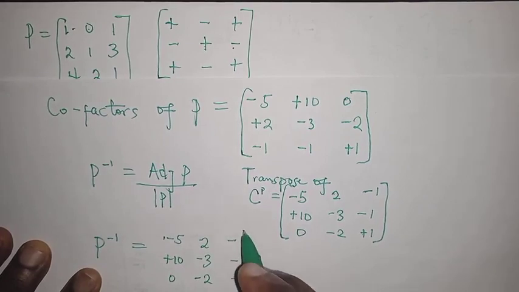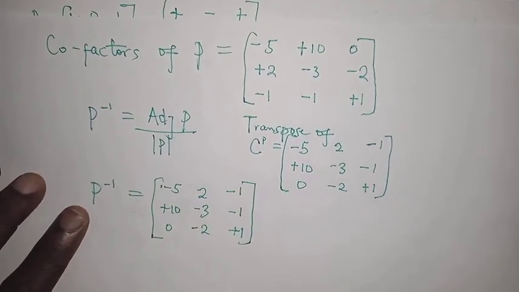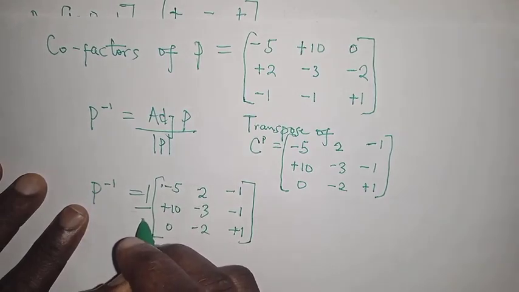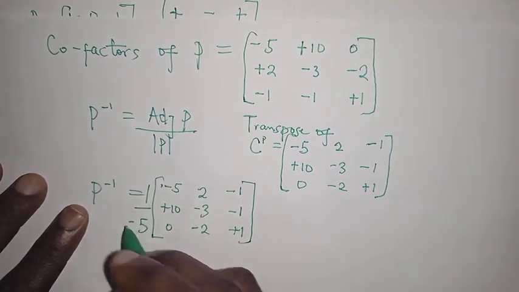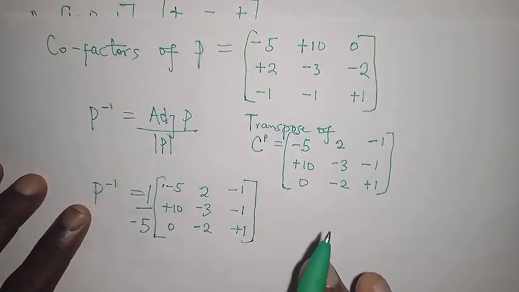We're dividing this by minus 5, which happens to be the determinant. So I'm going to write 1 over minus 5.